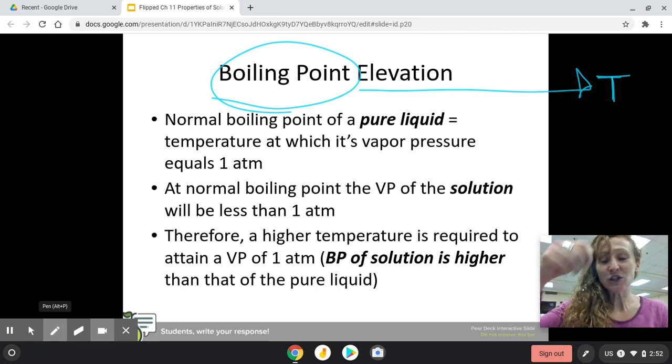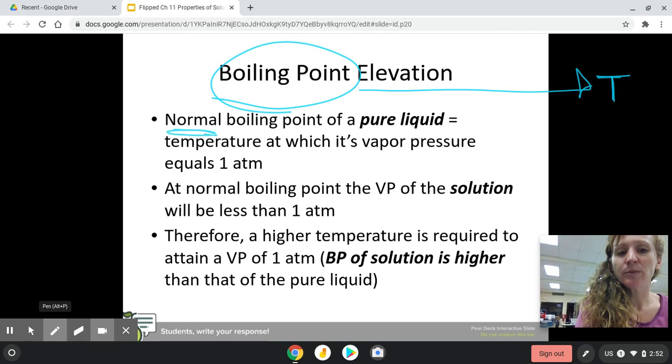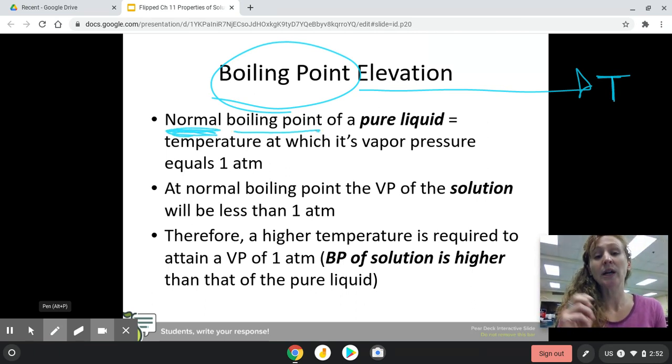It's much, much lower. It's in the negatives for Celsius. So each individual thing has its own individual temperature at which it boils. If you hear this term normal, the normal boiling point, that is the boiling point at standard pressure.